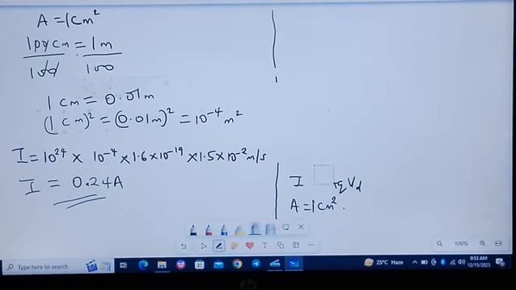So once you come across any problem that requires you to find, for example, the drift velocity when other parameters are given, you can use this particular equation.